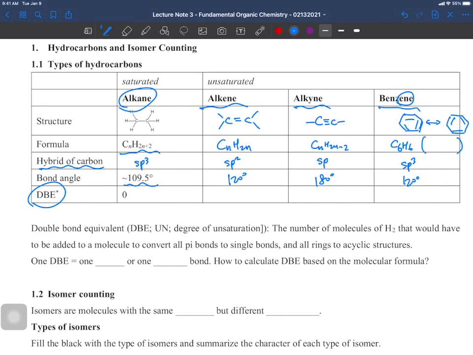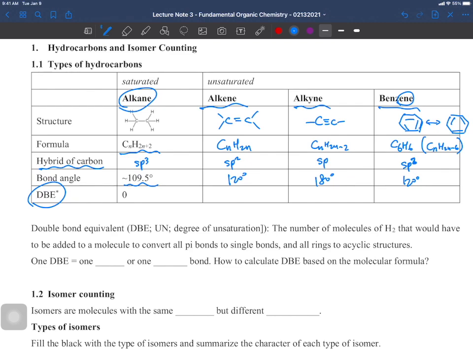And if we want to get a general formula, actually it can be CnH2n minus 6, because there are 3 double bonds and 1 ring, right? The ring, oh, thanks, sorry, yeah. Sometimes my mind is not on the same page with my hands.